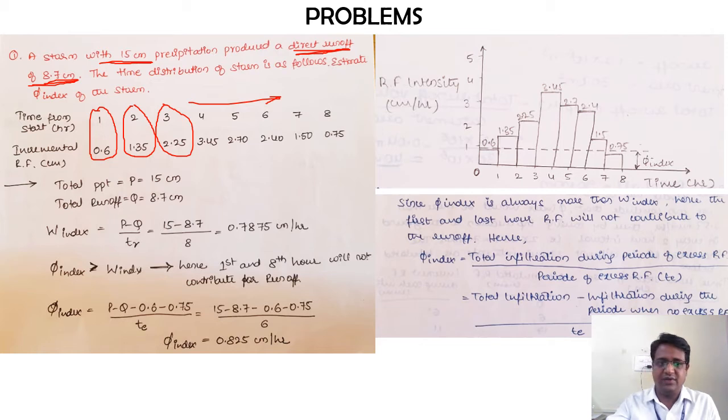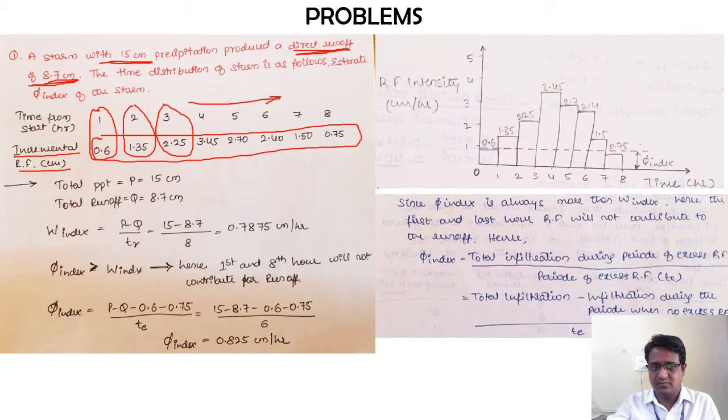Now, this is the incremental rainfall, right? So if you add up all these values, they make the total precipitation occurring for the entire 8 hours.